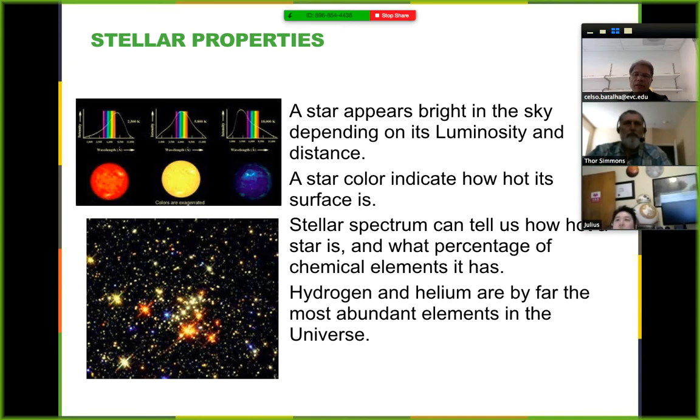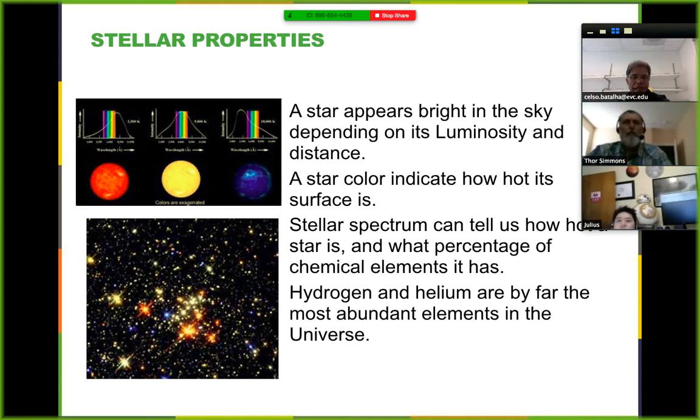Most of the gas is ionized, and so the spectral signature you collect is completely different. So temperature, chemical abundance, rotation, receding or approaching velocity, all of that we can get.